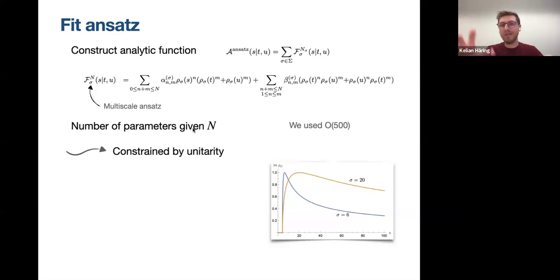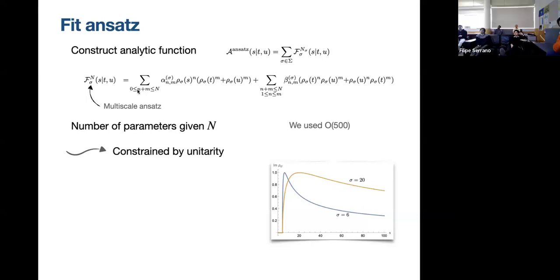And so we find it convenient to make this multi-foliation ansatz, which is tailored for this problem, which has different centers of the rho map. It's a bit technical, but we find it gives a better convergence of the amplitude.